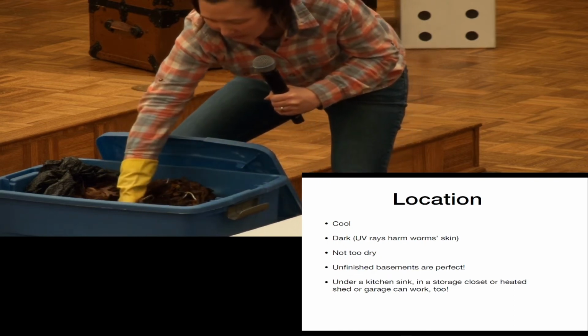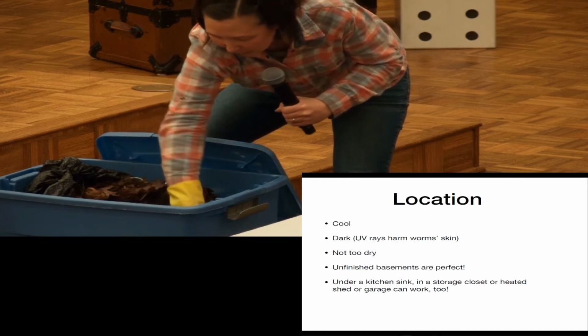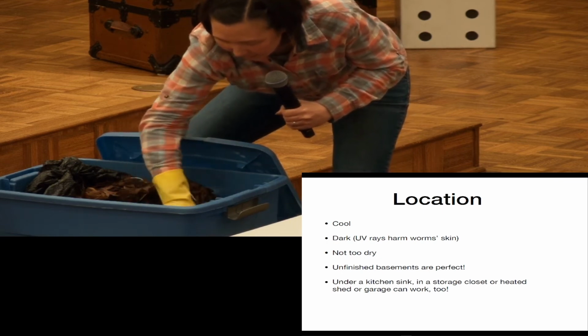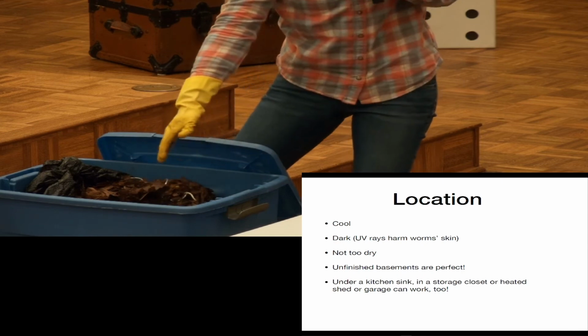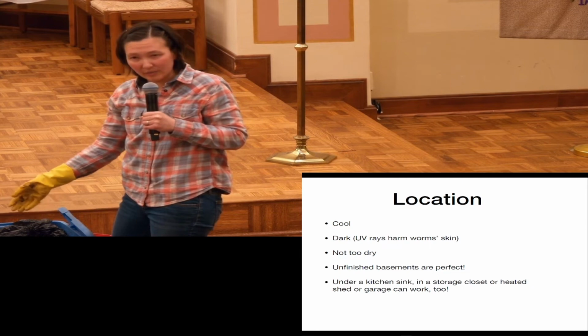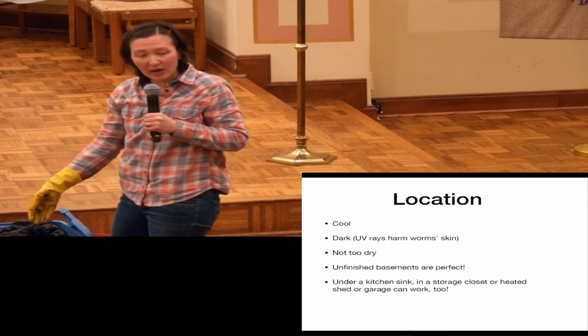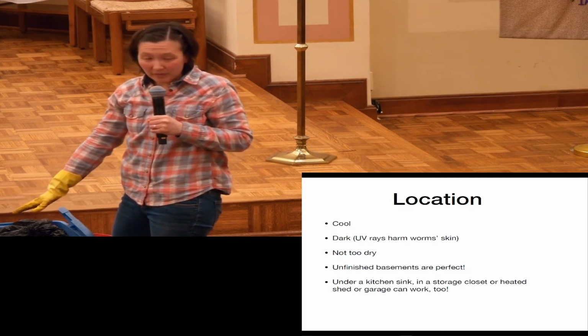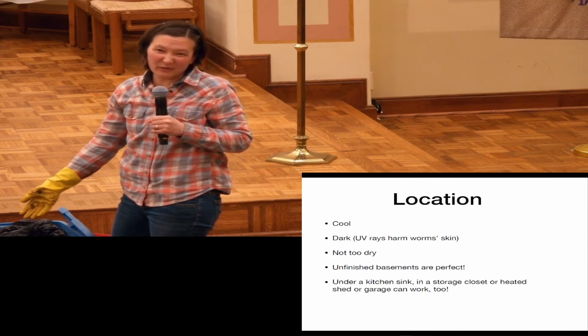It's probably easier to see this in the video. Then I just cover it right back up, and I make sure that there's at least 2 inches of fine grained material, like peat moss or coffee grounds, on top of the scraps, because otherwise you'll get fruit flies.